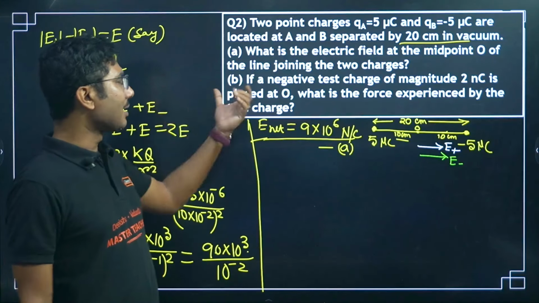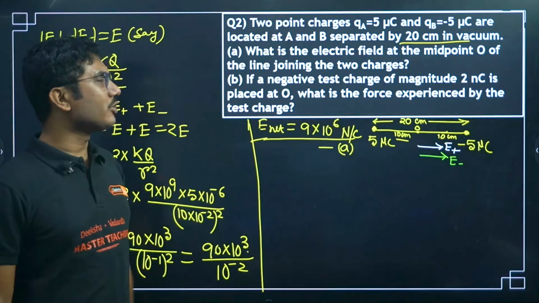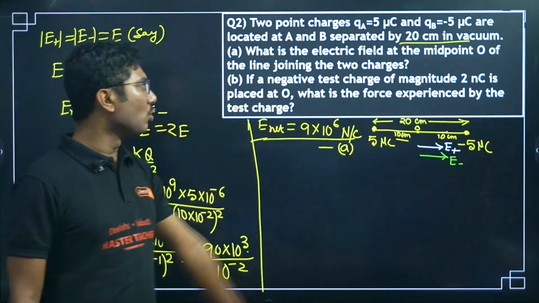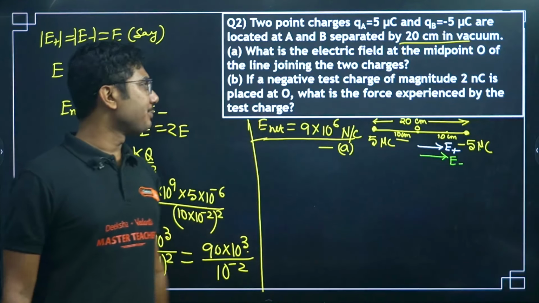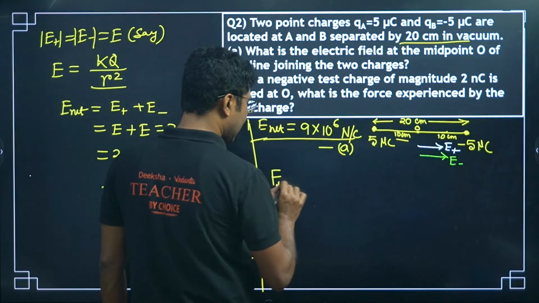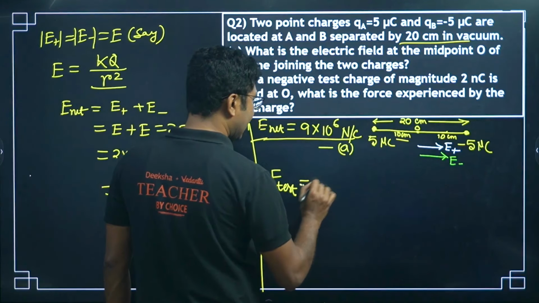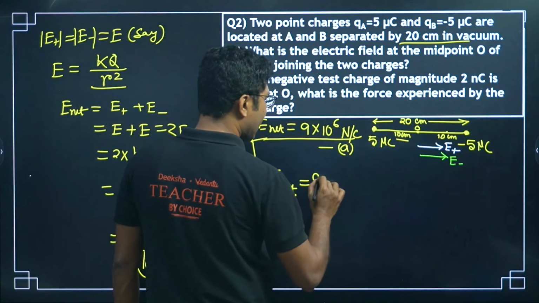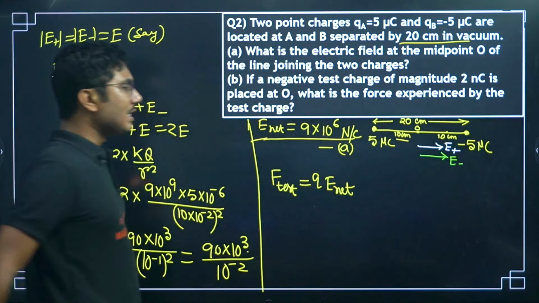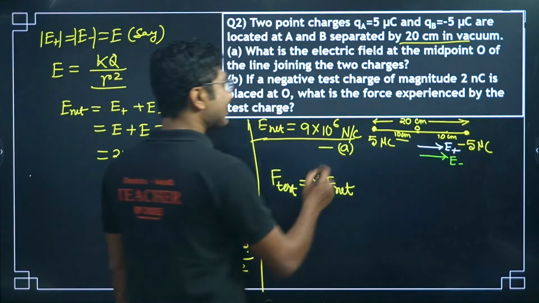Okay, so what is the part B question? If a negative test charge of magnitude 2 nanocoulomb is placed at this point O, what is the force experienced by the test charge? The force experienced by the test charge is given by the electric field times the charge. So Q into E net. What is the value of Q?